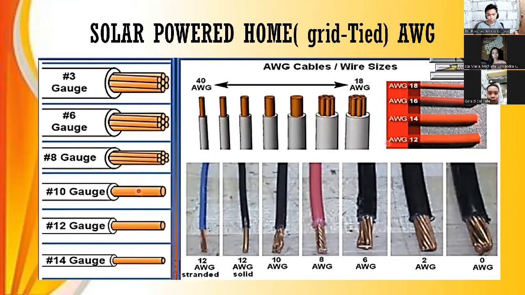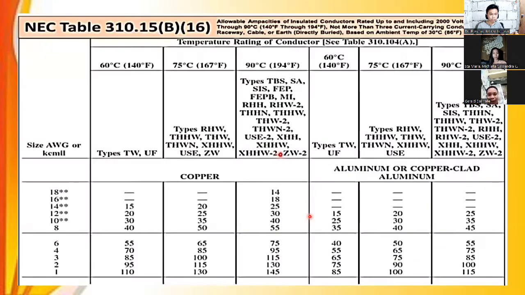So yan po yung mga itsura at mga sizes po niyan. Ganon din po sa baba. Yan po yung totoong itsura po nila sa personal. So next po. So next slide po.